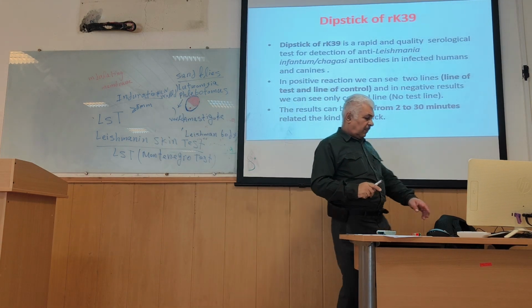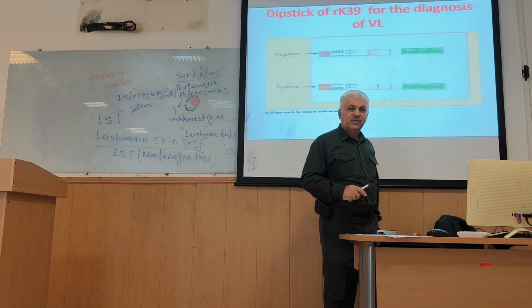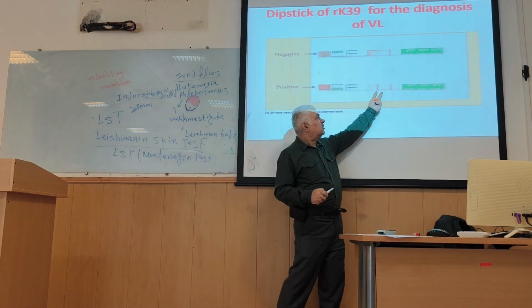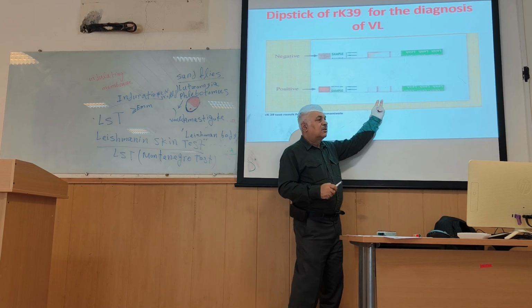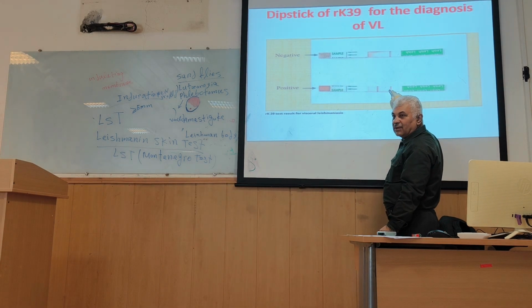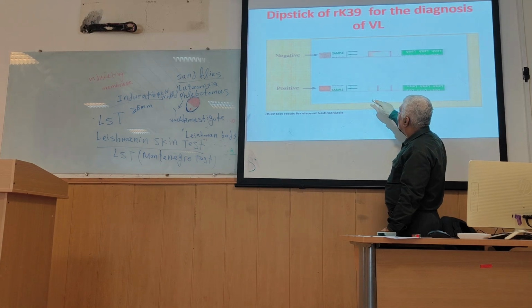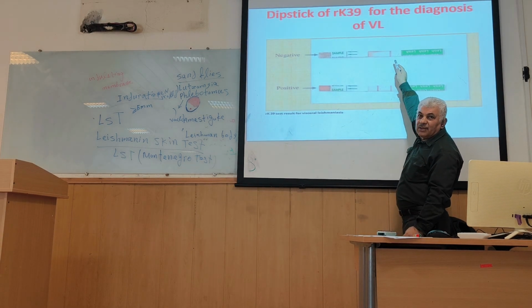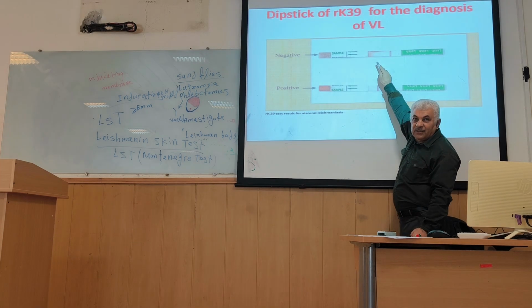In a positive reaction, as you see in this slide, we can see 2 lines: this is a test line and this is a control line. But in negative form, we see only the control line, not the test line.